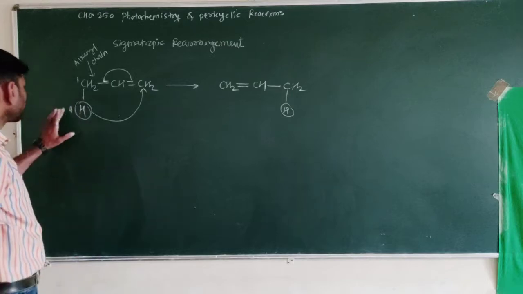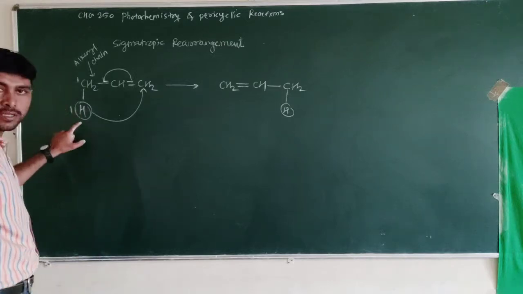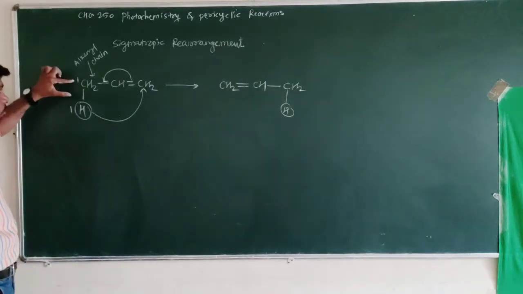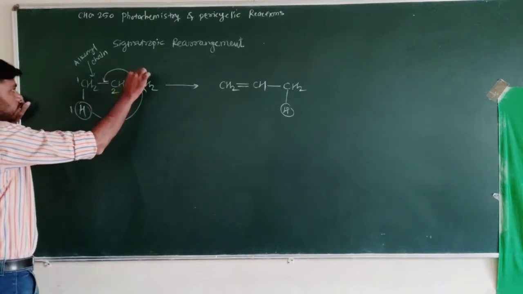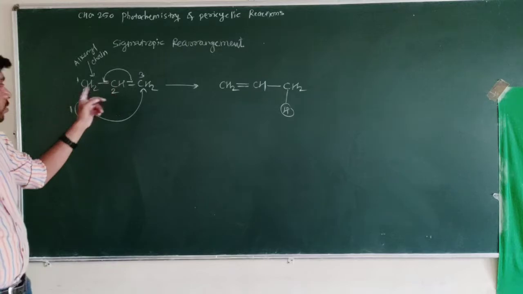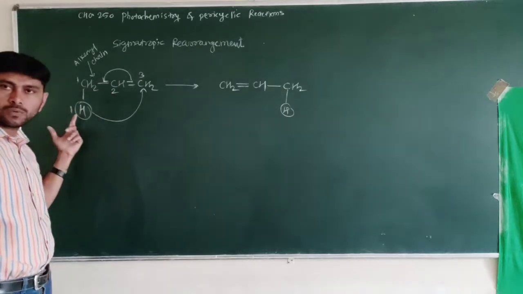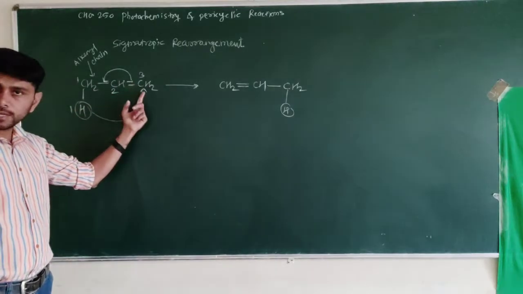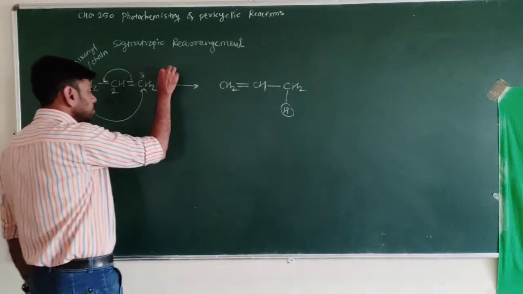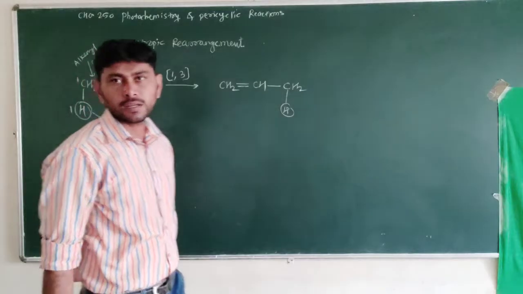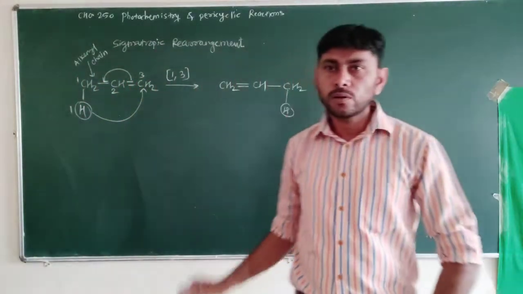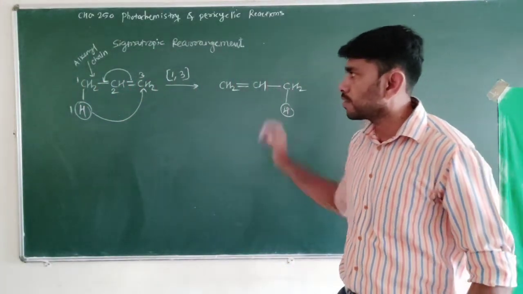This group undergoes migration, so this group is number 1. Numbering 1 also started from here: 1, 2, 3. So this group transferred from position 1 to position 3. So this reaction is named a 1,3 sigmatropic rearrangement. This rearrangement is called a 1,3 sigmatropic rearrangement.